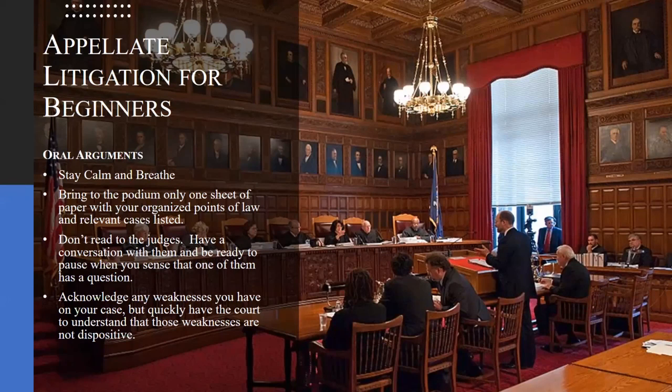So when you have an argument to make before the court, bring up those weaknesses, but also position those weaknesses as not dispositive of this question. I still prevail. I still have the better argument, Your Honor, even though I have this particular weakness, or even though I have this particular bad set of facts, if you will.